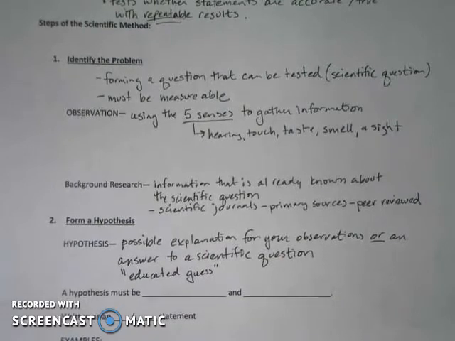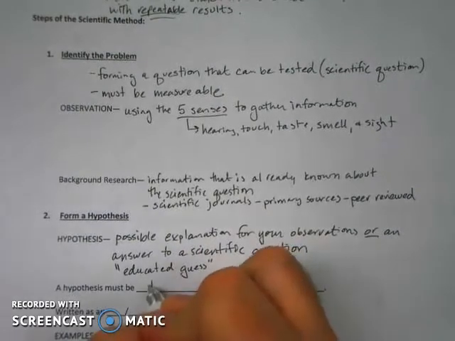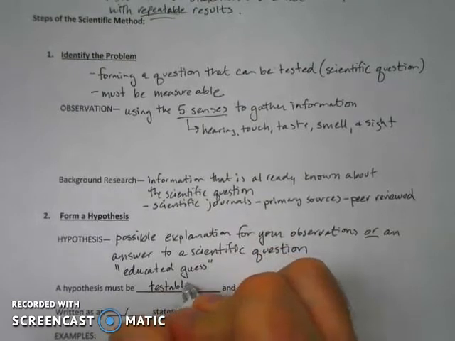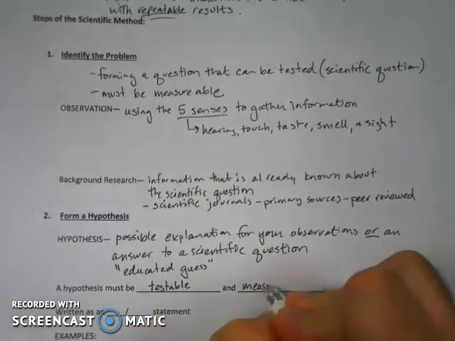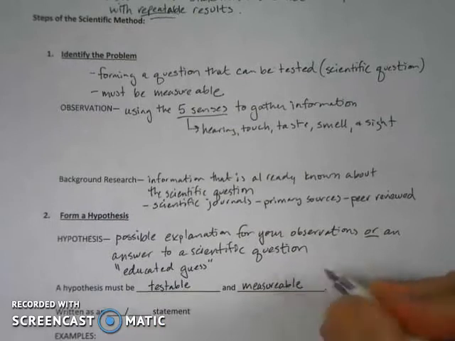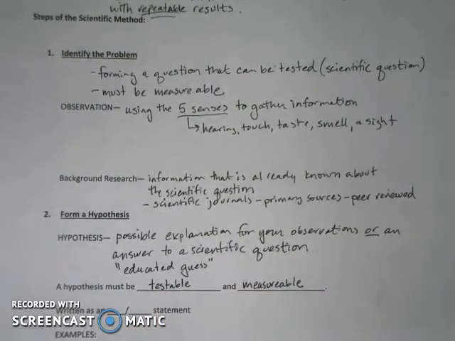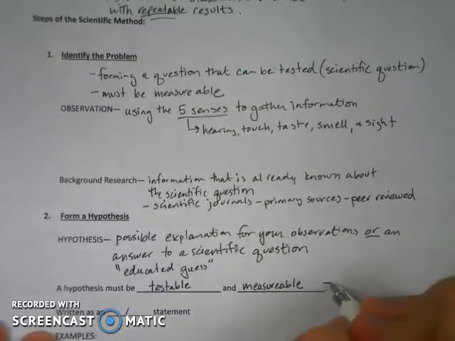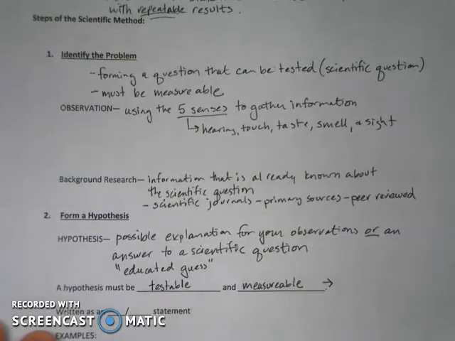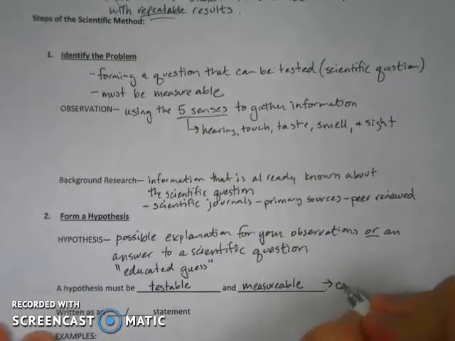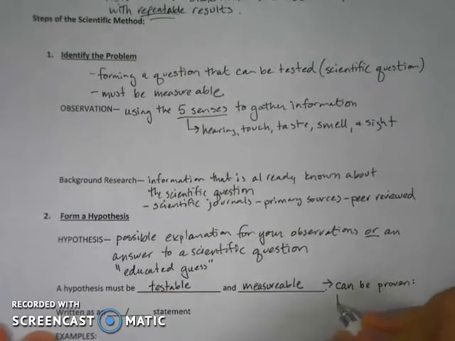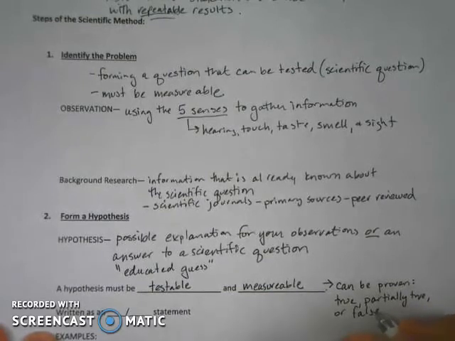But in order for a hypothesis to be really good, it must be testable and measurable. So we saw those two things in identifying the problem. So that means if it is testable, measurable, it can be proven. So it can be true, it can be partially true, or false.